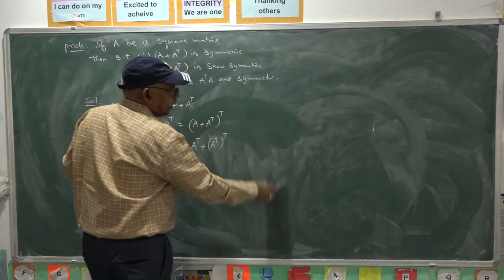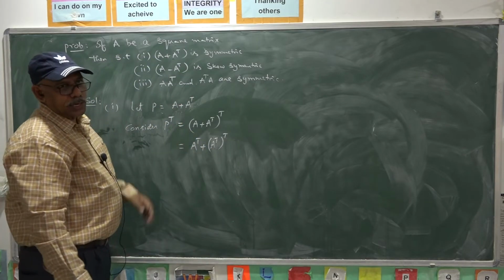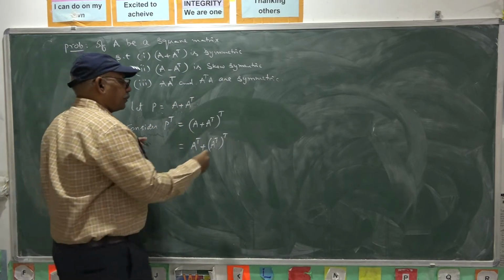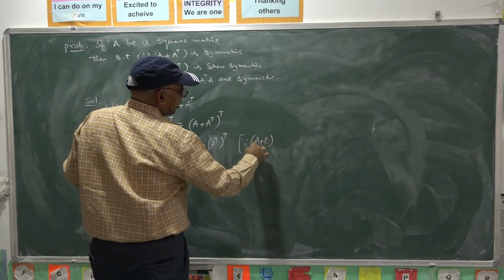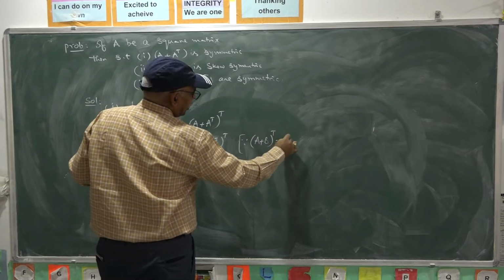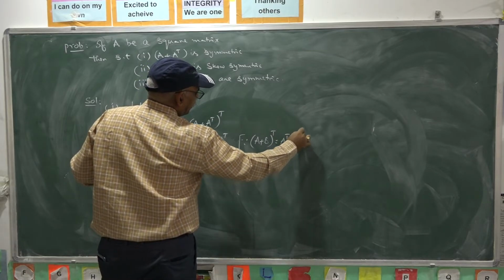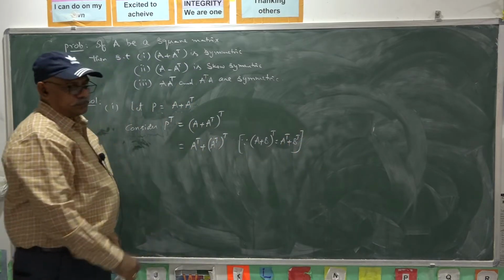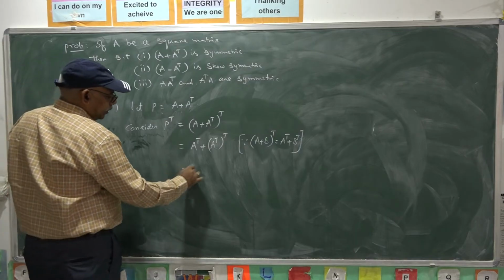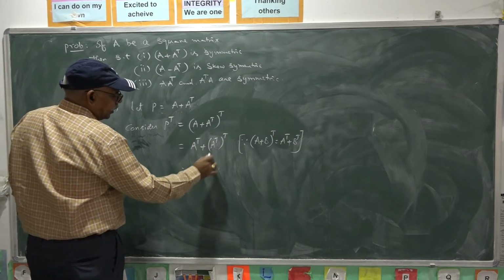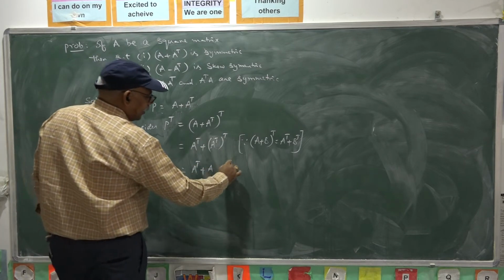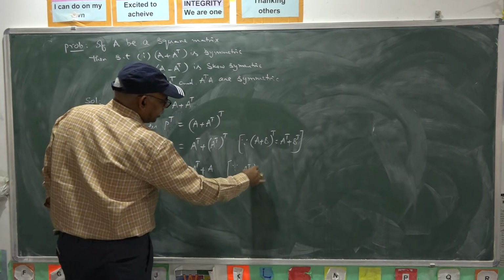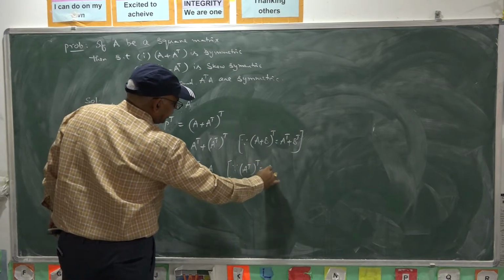Now, this is equal to A transpose plus A, since A transpose whole transpose is A itself.